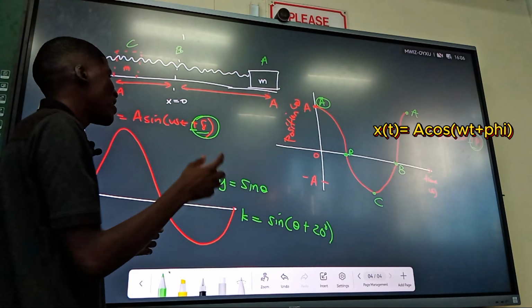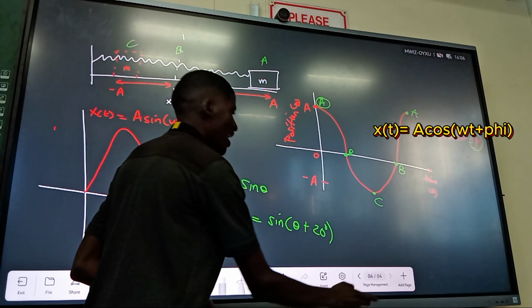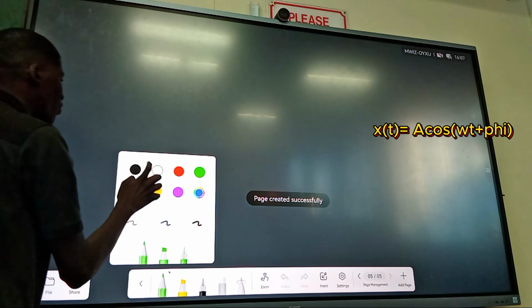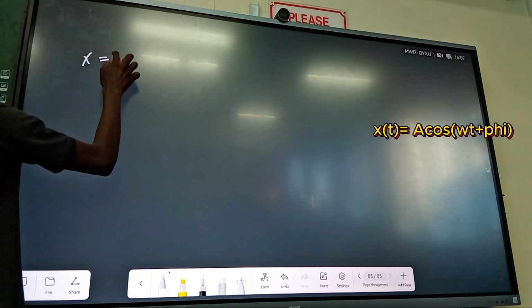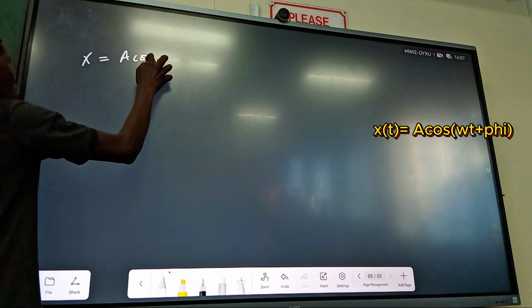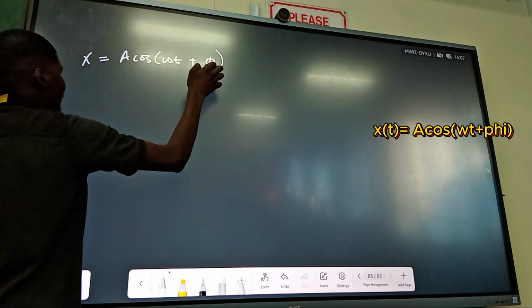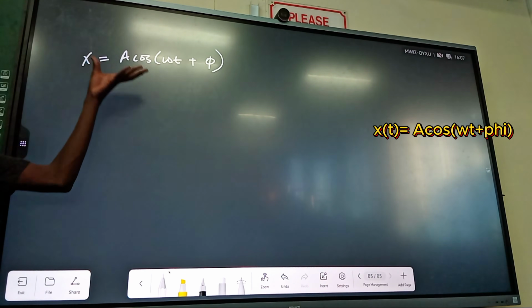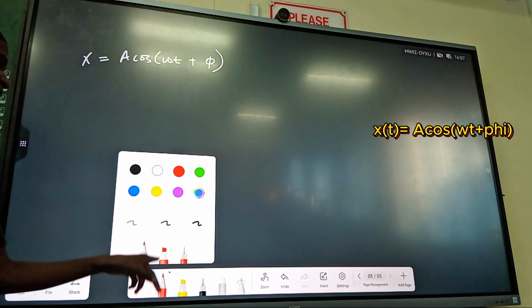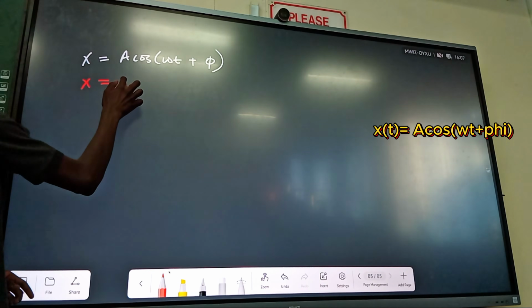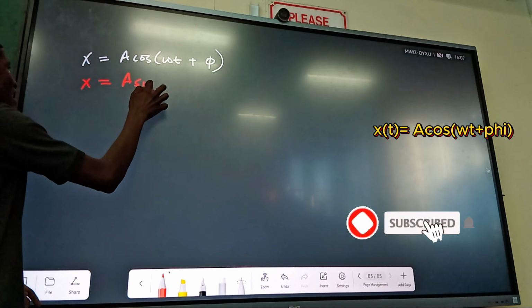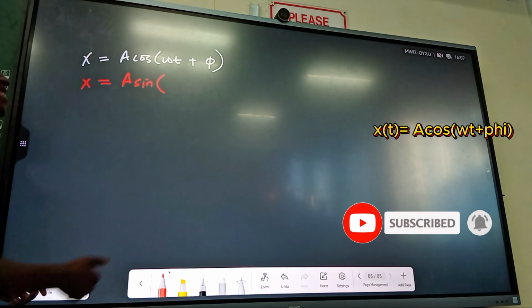Remember, let's say now your equation is x equals A cos(omega t plus phi). If you want to change this to be a sine graph, what are you going to do? You are going to say this is a sine. Inside you are going to do what?